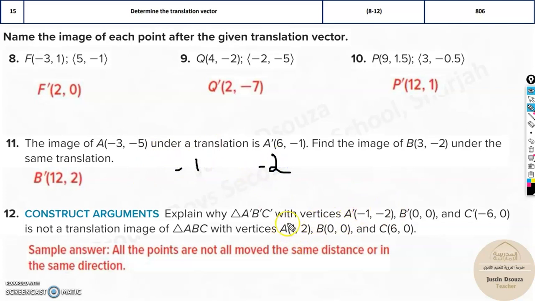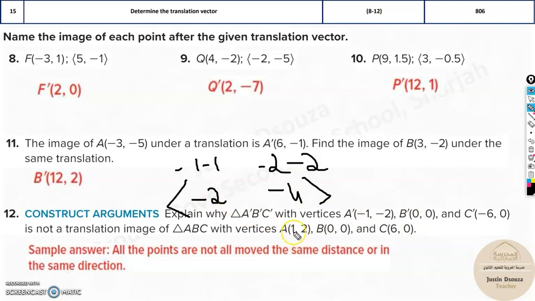Now here the first one is minus 1 and minus 2, isn't it? How do you find the translation vector? Subtract A dash minus A. That means A1 minus 1 and minus 2 minus 2. What is the answer? Sorry, it will be minus 2 and minus 4. So basically, this is the translation vector which is being added to all the original points.